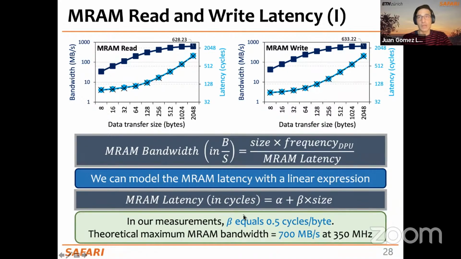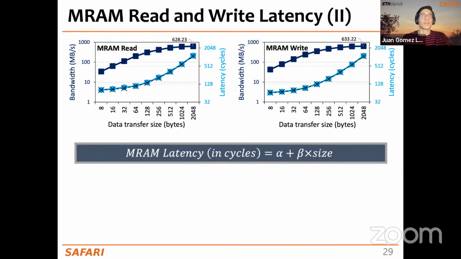This beta is essentially the inverse of the bandwidth that we can obtain from MRAM, as we will see. By using this beta, we can estimate the theoretical maximum MRAM bandwidth at 700 megabytes per second in a single DPU at a frequency of 350 megahertz.